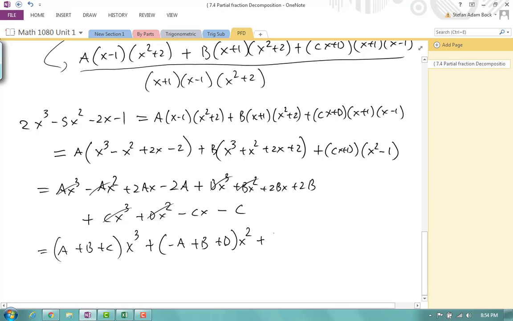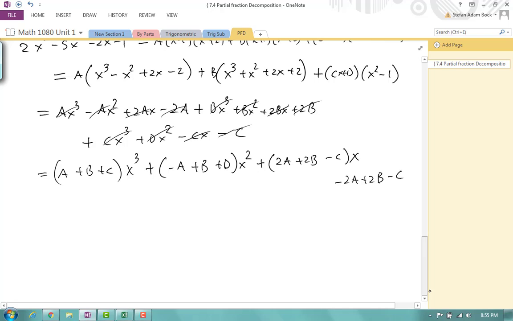Now for the linear, plus 2a plus 2b minus c times x. And then we're left with minus 2a plus 2b minus c for the constant term. So we got rid of all of our parts.